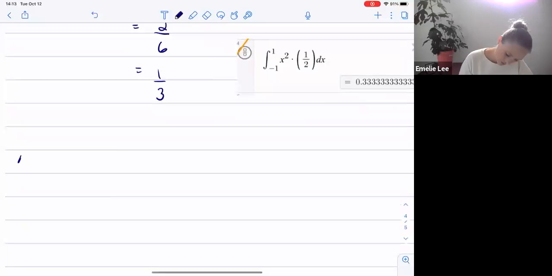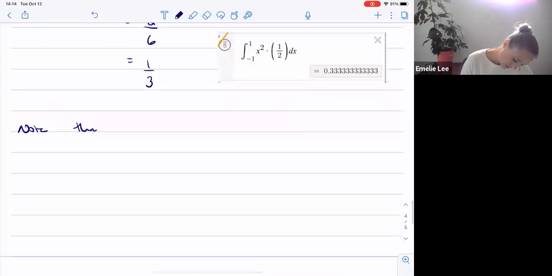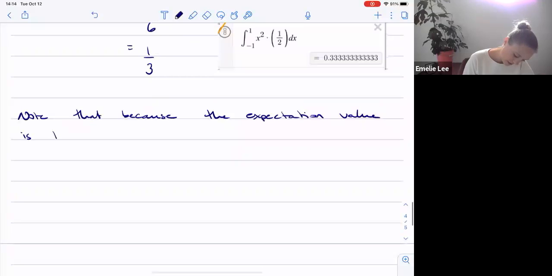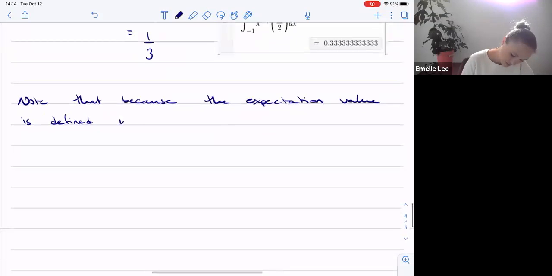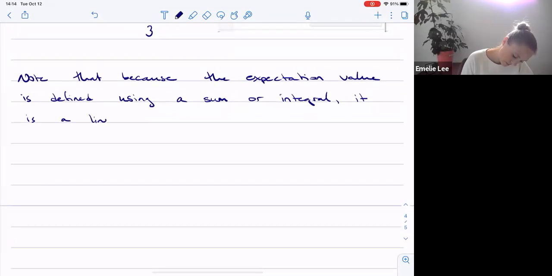And so note that because the expectation value is defined using a sum or an integral, depending on whether you have a discrete or continuous random variable, it is a linear operation.